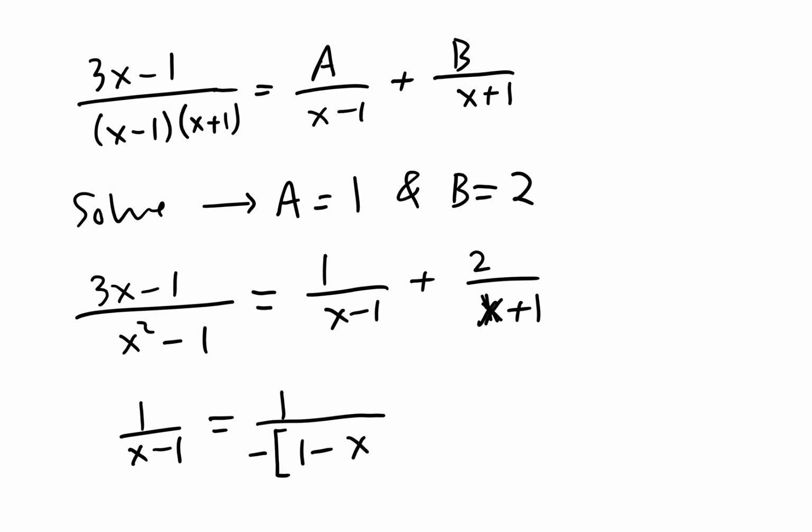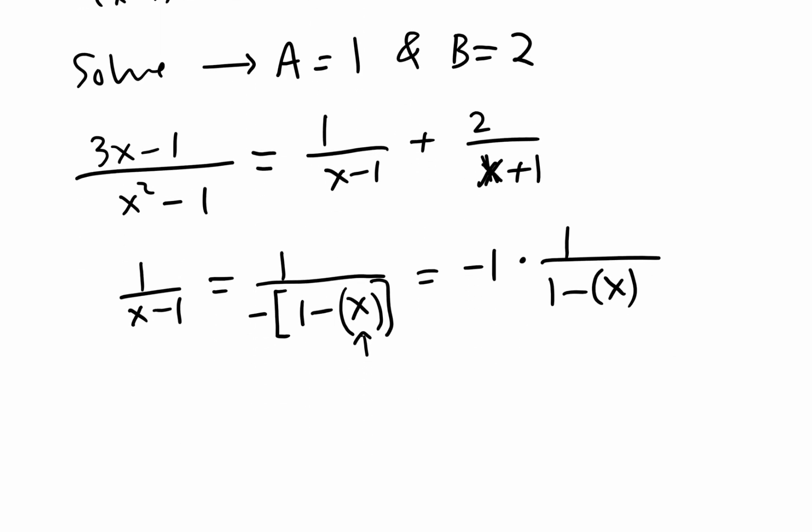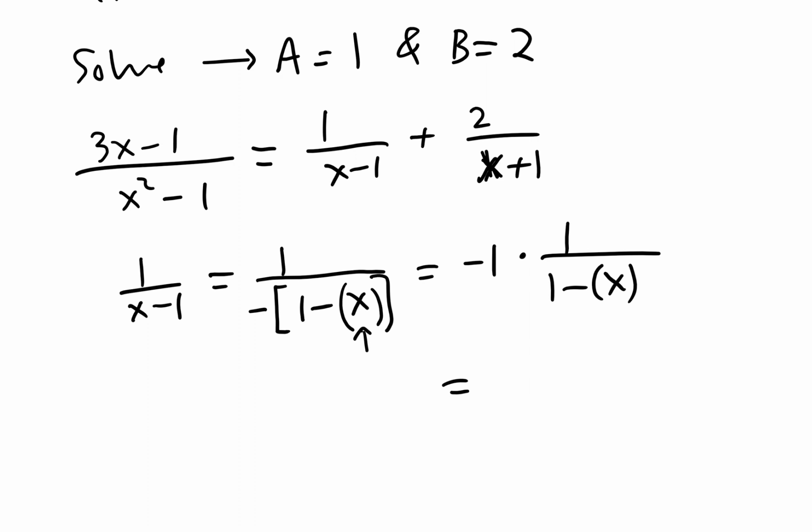That makes it 1 minus x. So this means it's centered at 0. Just x means x minus 0. And this can be rewritten as -1 times 1 over 1 minus x. So then you get -1 times the sum of x to the n, where n goes from 0 to infinity.